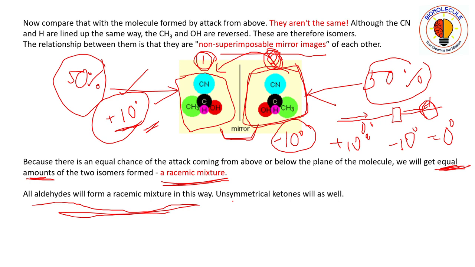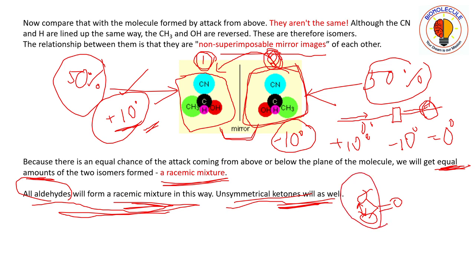And unsymmetrical ketones will as well. So all aldehydes will form this racemic mixture, and unsymmetrical ketones, why not symmetrical? Because in symmetrical ketones these two groups are the same, but to be optically active, we have to have different groups around the tetrahedral carbon.